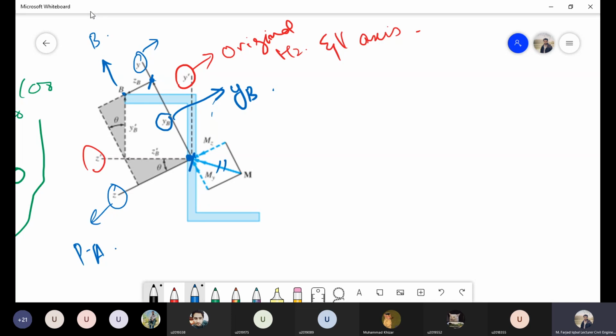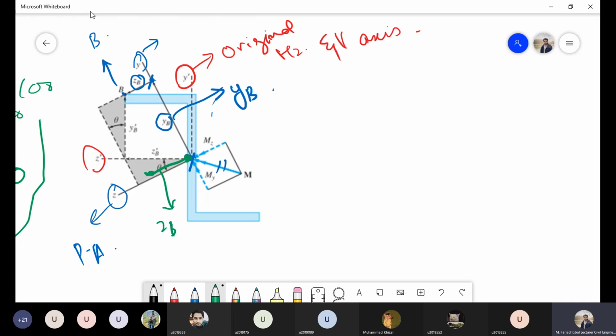And in a similar way, just like we were used to doing in the case of a rectangular section, this zb distance is the perpendicular distance from the principal plane to the point under consideration. Obviously I can show this zb distance over here as well. For example, this distance will be from this point to point B, or the line of action of point B. So this is my zb distance.